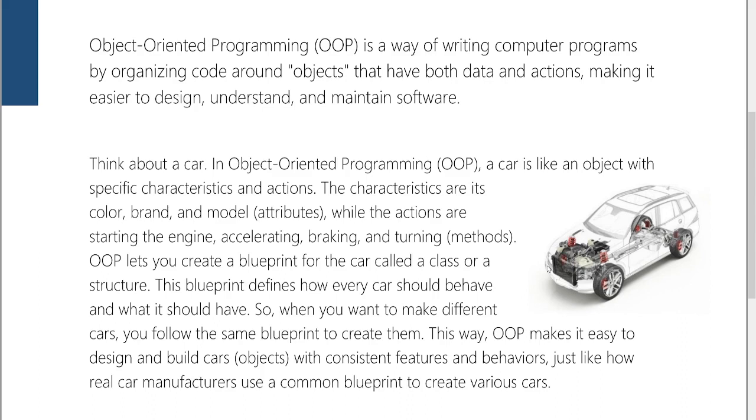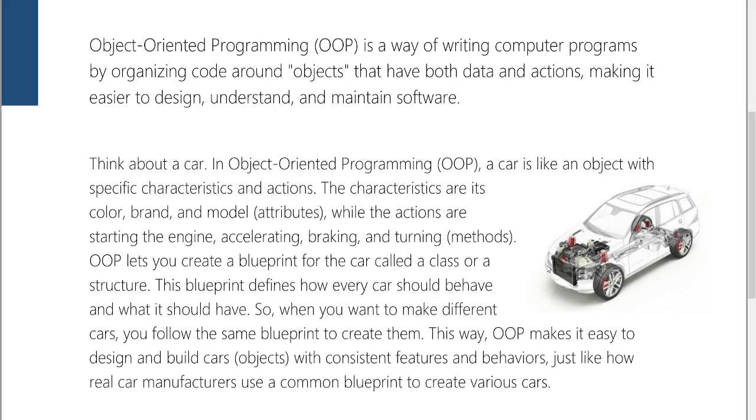Object-oriented programming lets you create a blueprint of a car called a class in C++, Java, JavaScript, etc. In other languages we call it a class, but not here. We are going to use the struct that we did previously, a very compact data structure. This blueprint defines how every car should behave and what features and methods an object has.